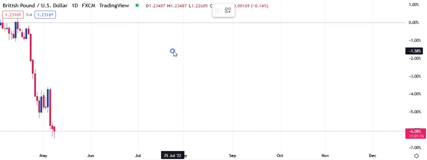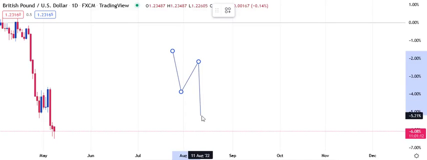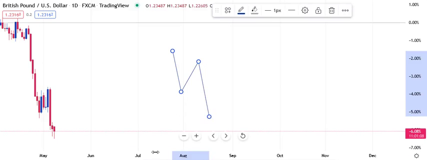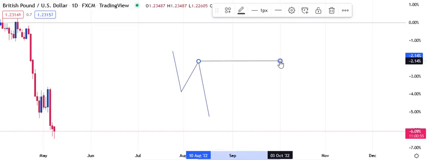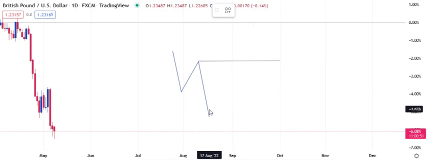For example, if you have price making a bearish move such as this, I've told you repeatedly in our previous videos that you need to identify your swing high and your swing low in the market.